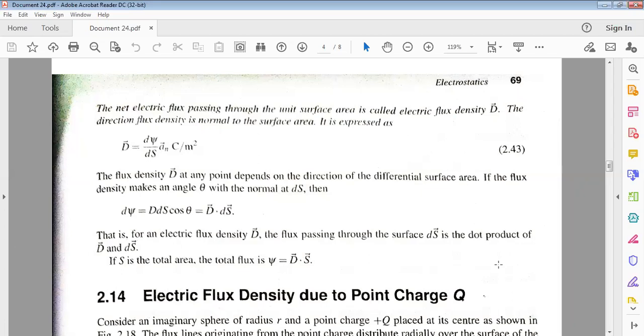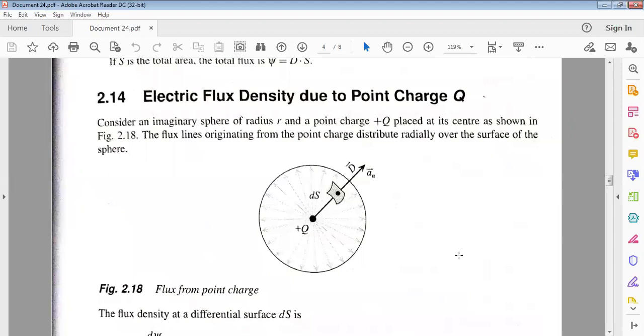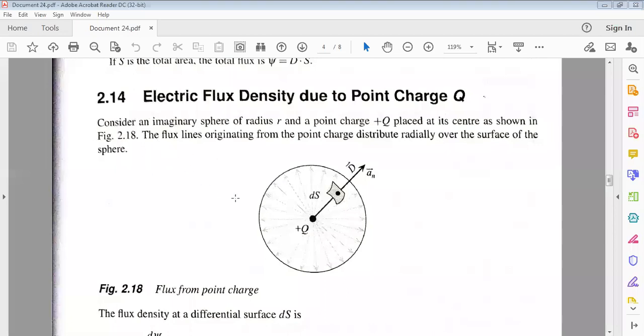Next, electric flux density due to a point charge. The electric flux density due to point charge q. Here, we consider a point charge plus q within a sphere. At a particular point, what is the density of the electric flux?